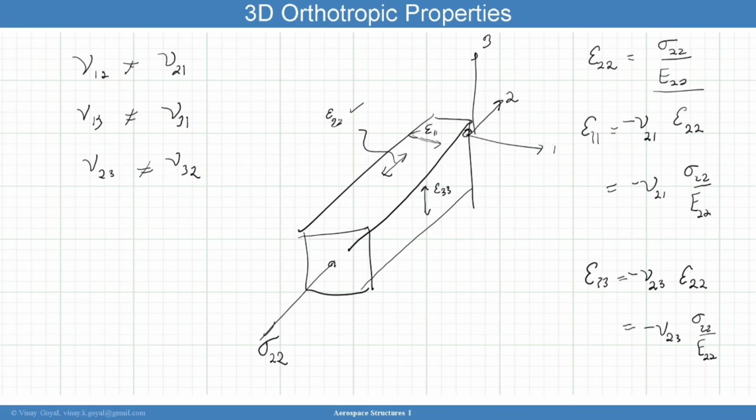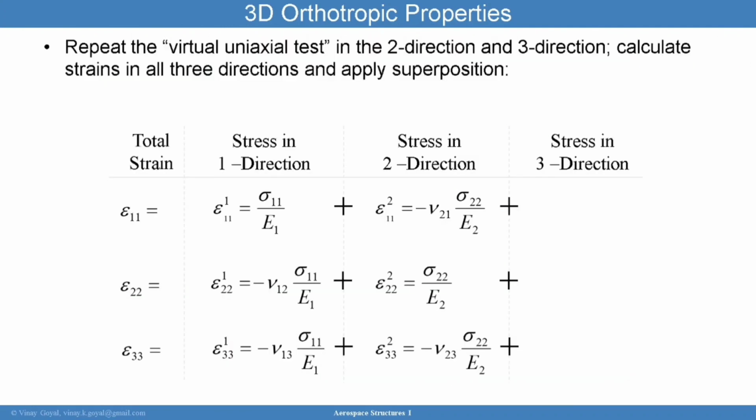So I've done an experiment to calculate these strains. And when I do that, I fill out the second column. So if I do an experiment only with the stress in the second direction applied, this is what I get for strains. If I do an experiment with stresses in the one direction applied only, then this is what I get. And I can repeat the experiments in the 3rd direction.